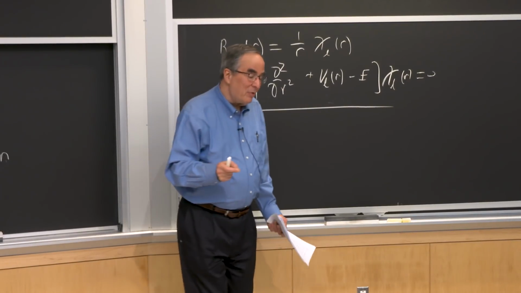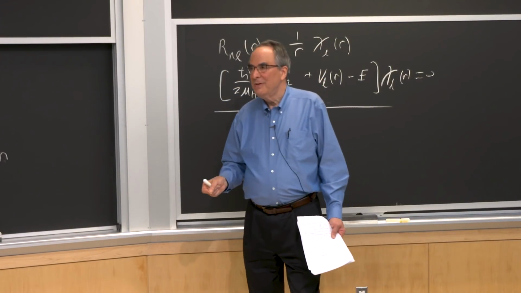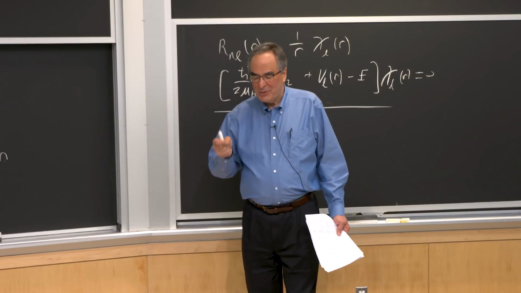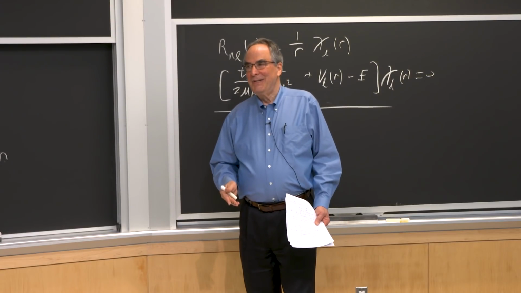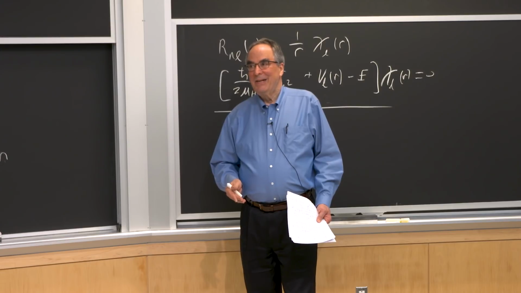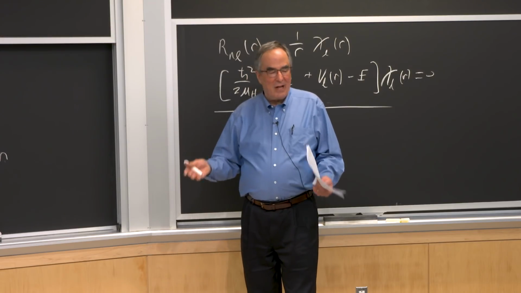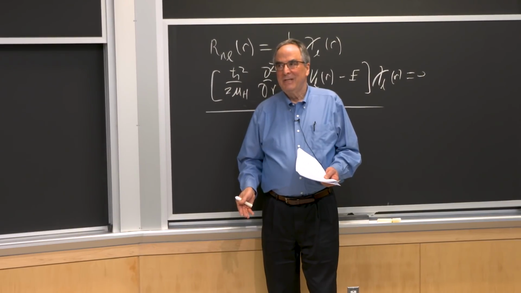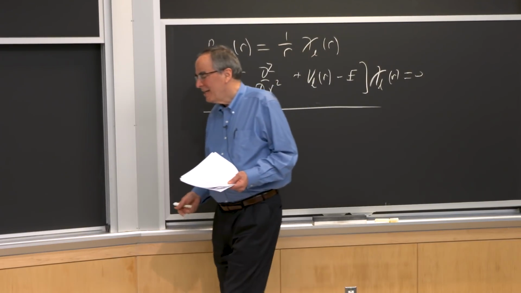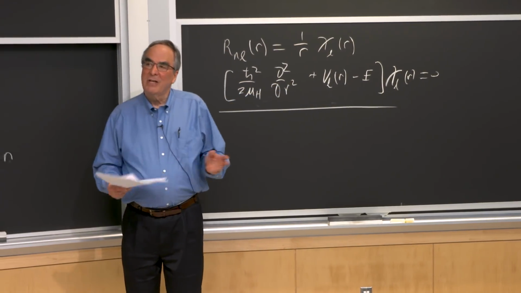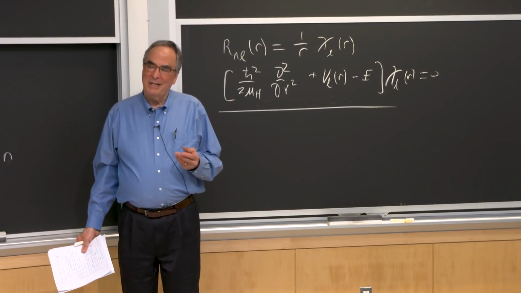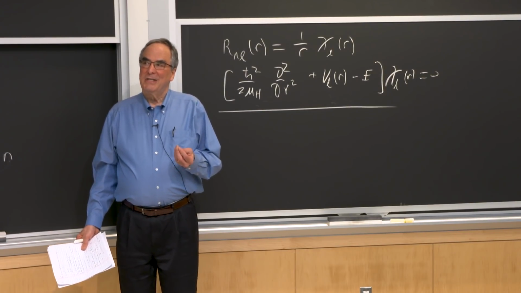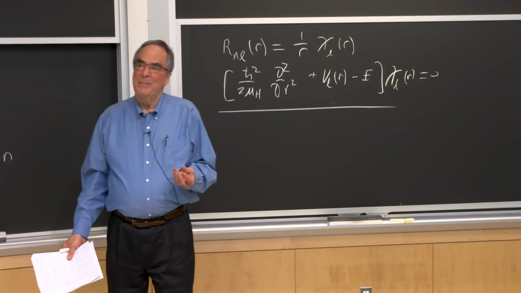And it turns out that when L is equal to 0, then R of 0 is not 0. But for all other values of L, R of 0 is 0. And all of R_nl of r depends on L being 0.